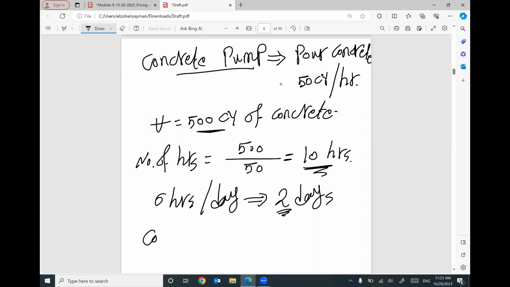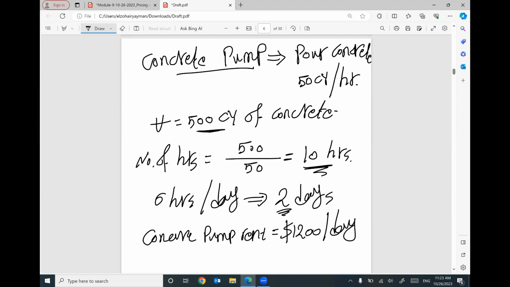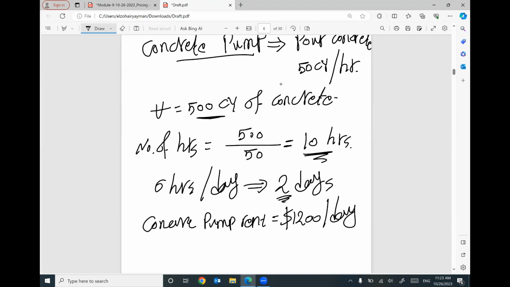If this concrete pump rent equals $1,200 per day, that means this concrete pump cost or price will be $1,200 by 2 days. It will cost you $2,400. That makes sense?